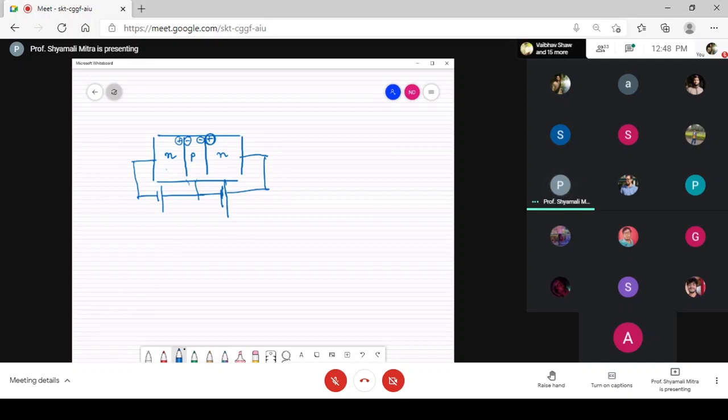Here also, this P is connected to the negative terminal of the battery, and N is connected to the most positive terminal. Now, when an electron moves, let us suppose we're starting from this terminal and going to this forward bias junction. If this one is junction J1 and this one is junction J2, then you can see here that J1 is actually forward biased. Isn't that? J1 is forward biased, whereas the junction J2 is reverse biased.